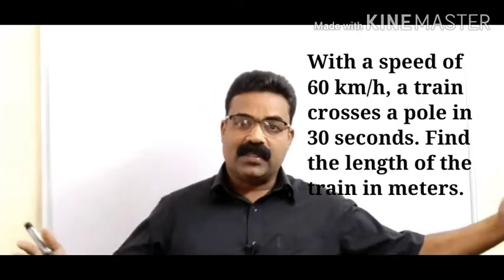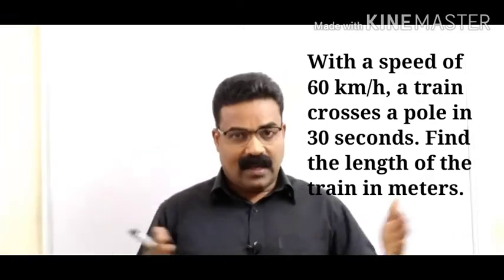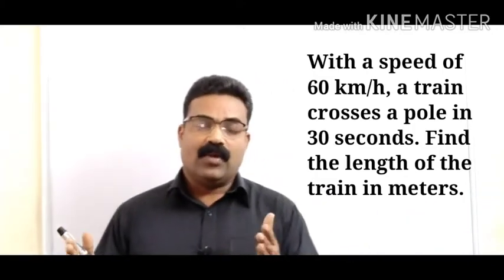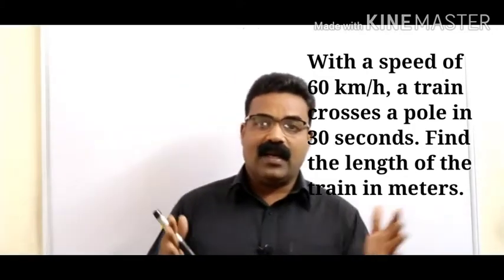I repeat, a platform has some length, and a train has some length. So when a train crosses a platform, the total distance traveled by the train will be equal to the sum of the length of the platform and the length of the train.